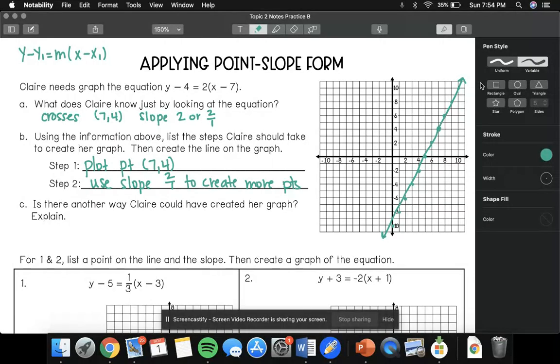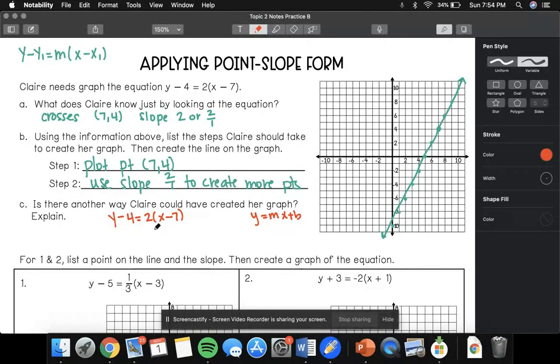Okay. So the last question in this one says, is there another way Clara could have created her graph? So if we look at y minus 4 equals 2 times x minus 7, if this were me and I had never known what point slope form was before, I would rearrange the problem to look like slope intercept form, because we've been doing that in pre-algebra and this year, and most people feel more comfortable with that anyway.